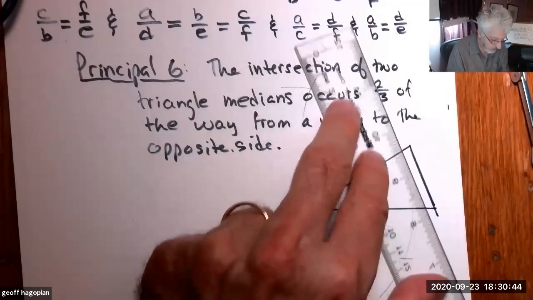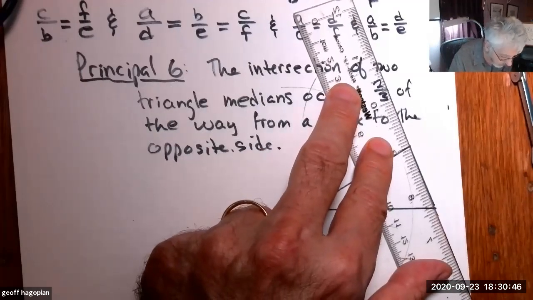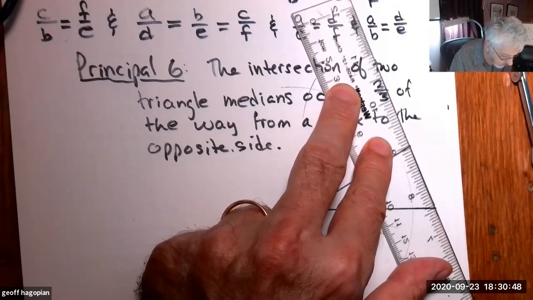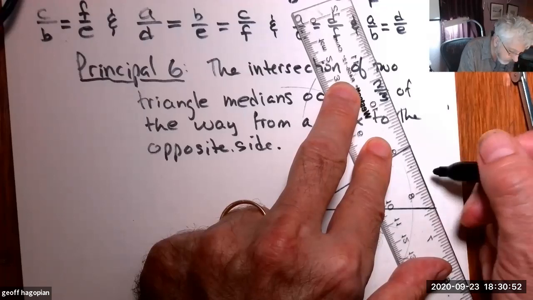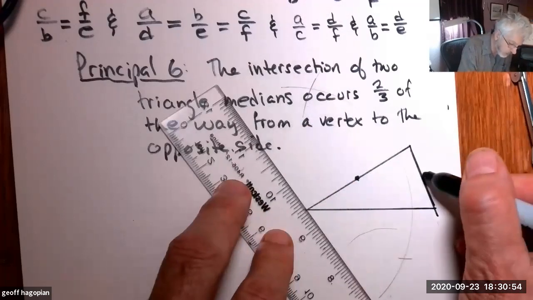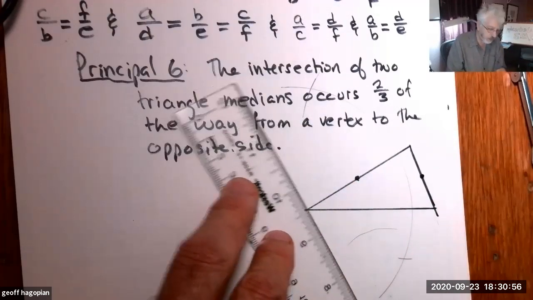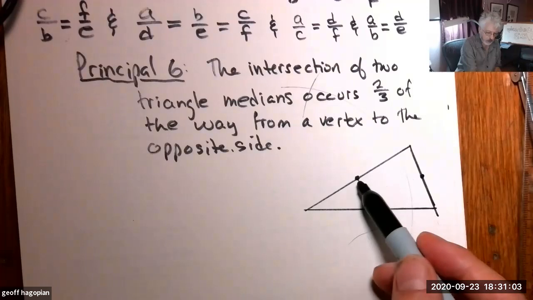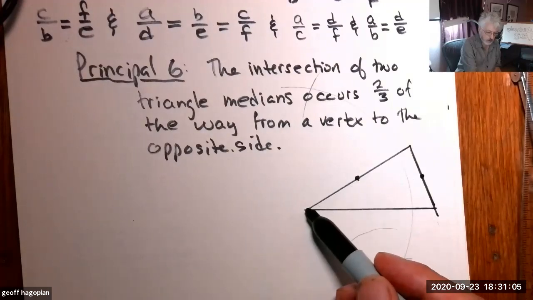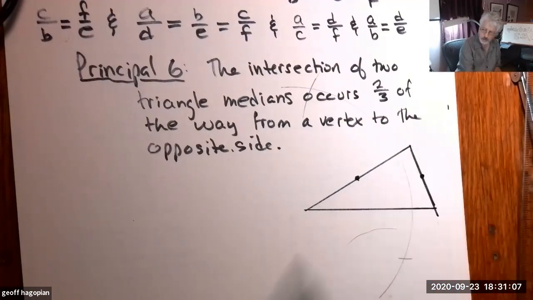And I'm just going to measure this one because it takes too long to do all that. So that's about 1.5 inches, I'm going to say. A little bit less, but the way I've set this up, that's going to be the midpoint right about there. And the reason I don't just draw it freely is because it tends to be kind of an optical illusion. Like this point looks like it's closer to that vertex than to this vertex, but I think that's an optical illusion.